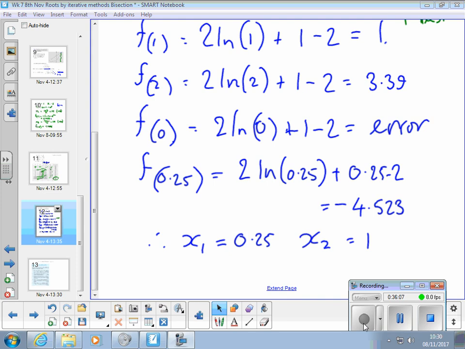If we change the value of x between 0.25 and 1, therefore our root lies between 0.25 and 1.